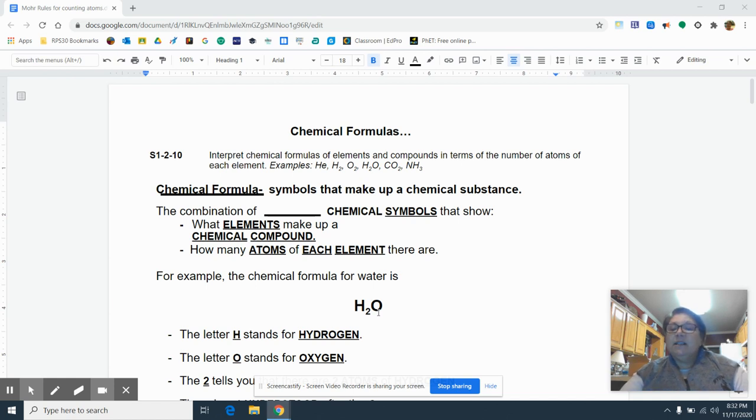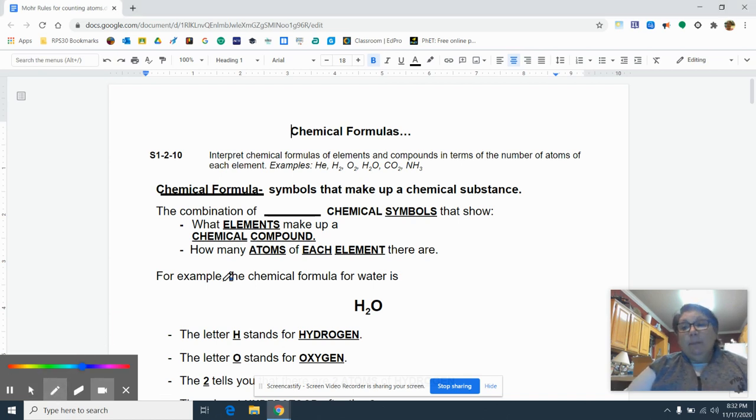In this instance, it is water. So the chemical formula for water is H2O. Okay, so it's a combination of chemical symbols that show, again, remember I'm a rookie, what elements make up a chemical compound. And then how many atoms of each element.